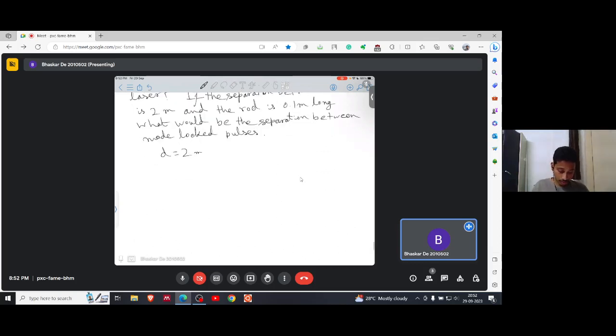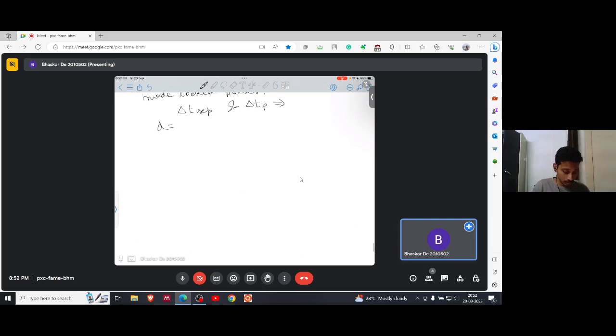So basically we need to calculate delta T shape and delta TP. Okay, so now D equal to 2 meter, L equal to 0.1 meter, and refractive index. This information I write in between the problems is given in the problem, so I just don't mention it at the start, but it is given.